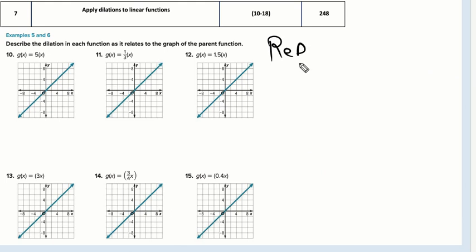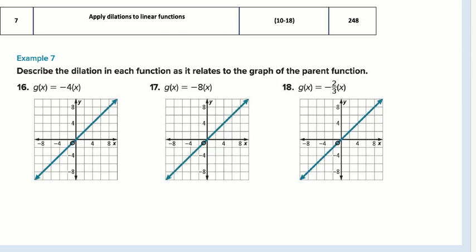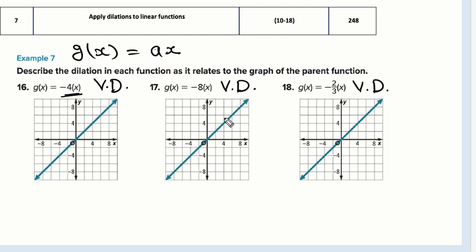Now let's talk about reflection. I think we have some questions on that also. If I ask you the dilation in this one, this is ax, so this is vertical dilation. Now, is a more than 1?